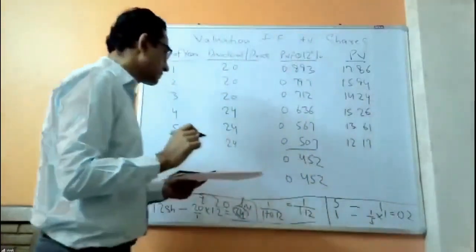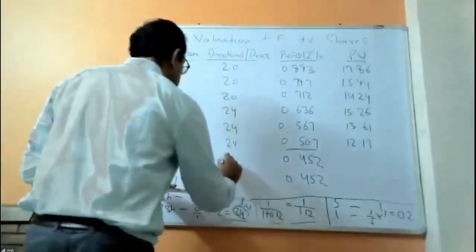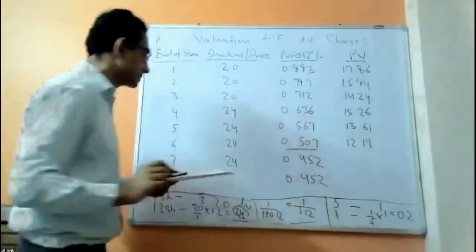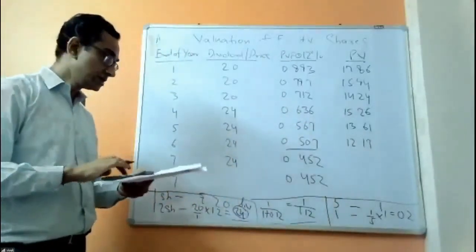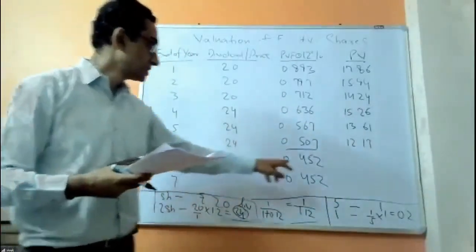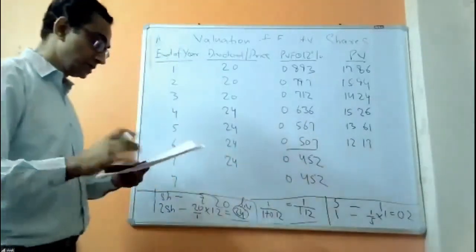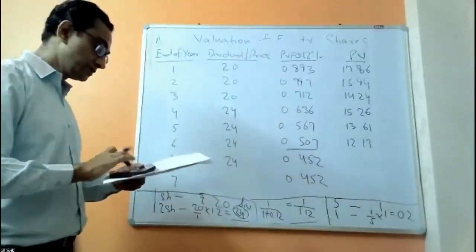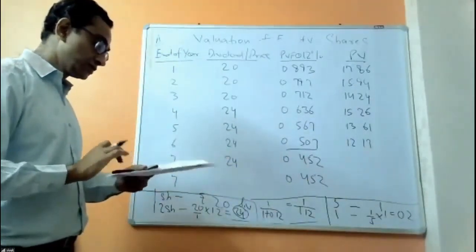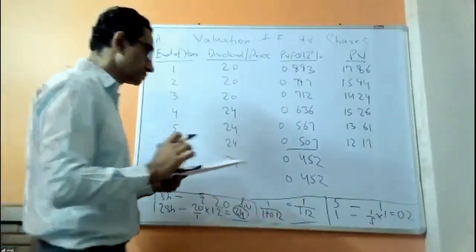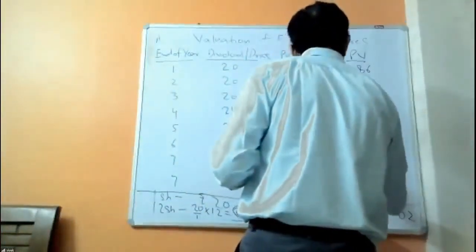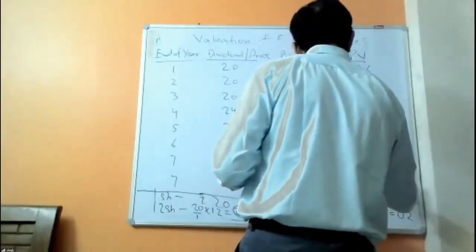For the 7th year also, he is receiving dividend of 24. 24 multiplied by the present value factor of the 7th year, 0.452, is 10.85.